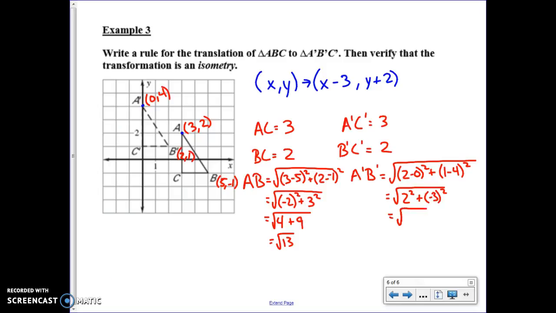So 2 squared is 4, negative 3 squared is 9, and 4 plus 9 is 13. So they match, therefore we can say that triangle ABC is congruent to triangle A prime, B prime, C prime. And thus it's an isometry.